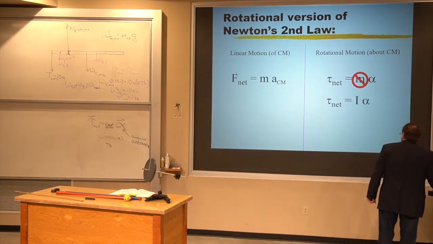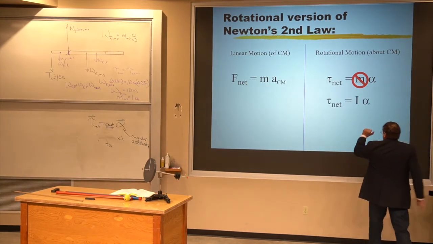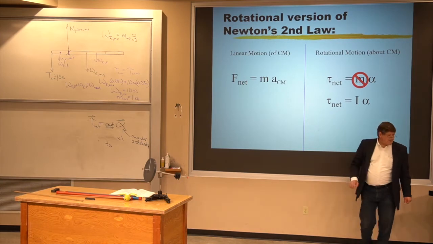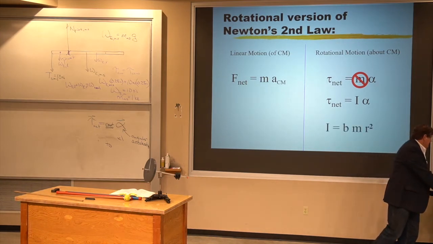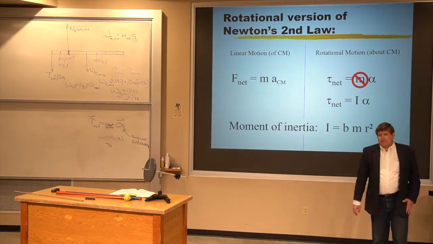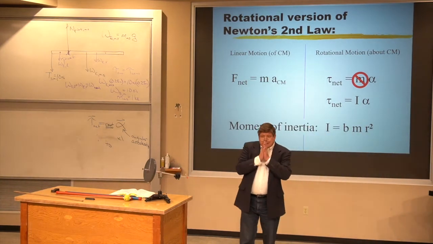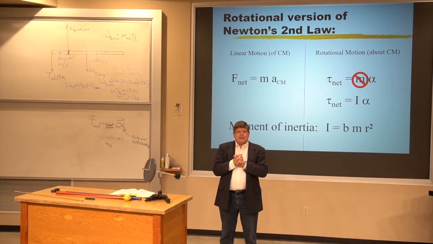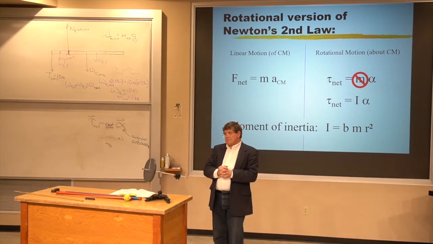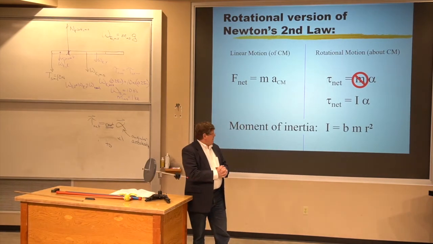It turns out that instead of just the mass, we have this quantity that we call the moment of inertia. Now, moment sounds like time, but it also has a meaning in calculus that we're not going to go into here. Anyway, just accept that that's the name that people use for this over and over.